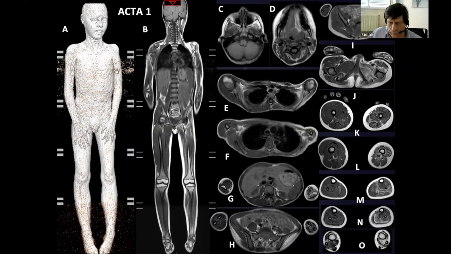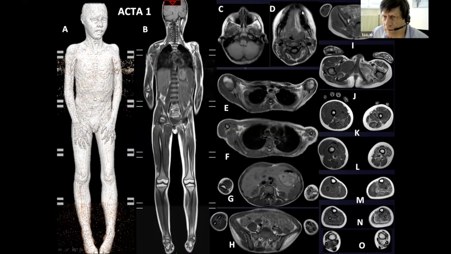But sometimes the asymmetry of involvement is very different for each patient. In this case, you have a total asymmetry of the muscle involvement. On the right side, you have a quite normal aspect, and on the left side, you have atrophy and fatty replacement in the muscle.